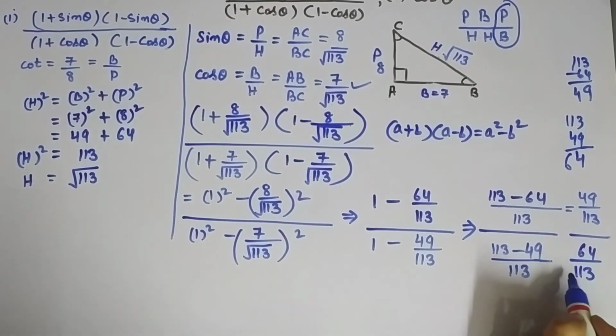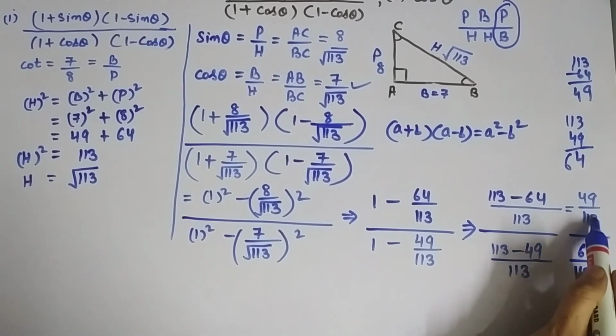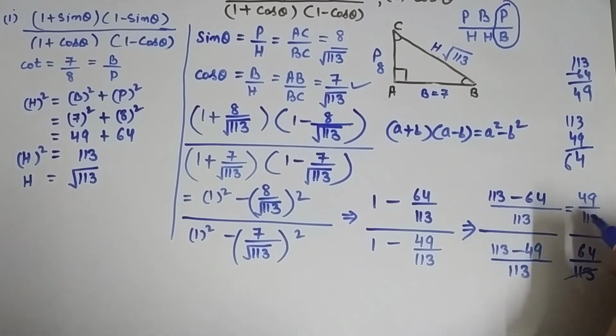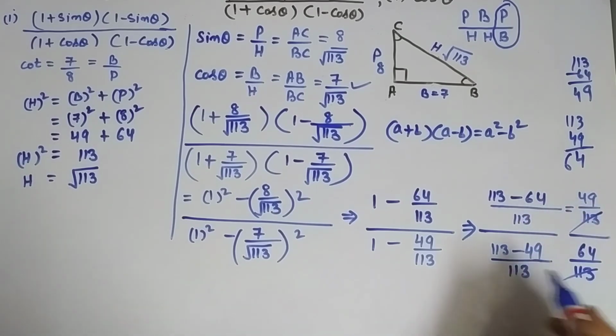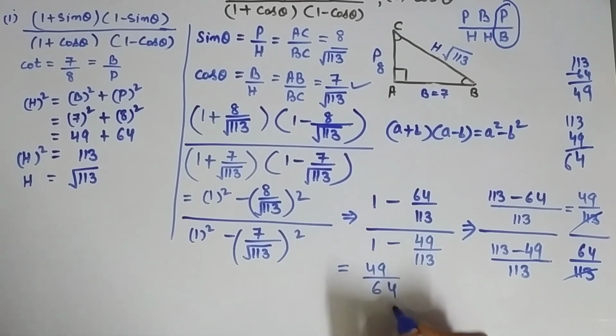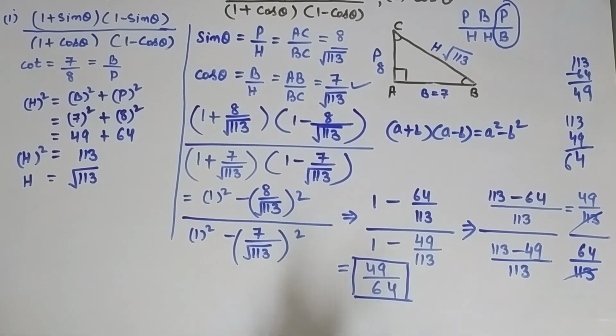Now see here, same denominator 113, so cancelled. Now we have 49 upon 64. So for the first part, this is the answer.